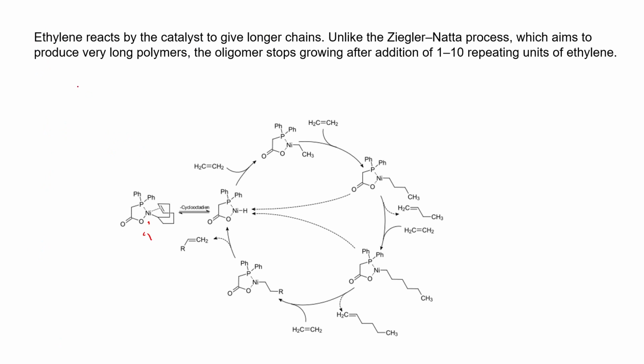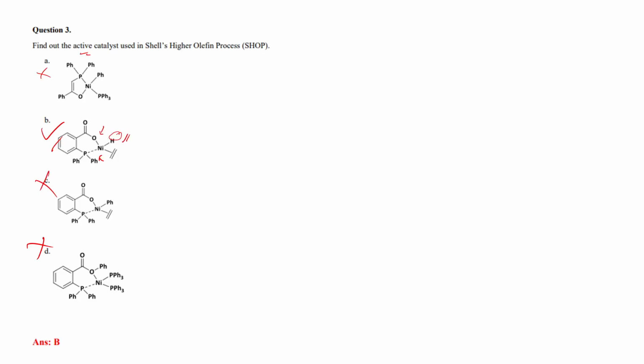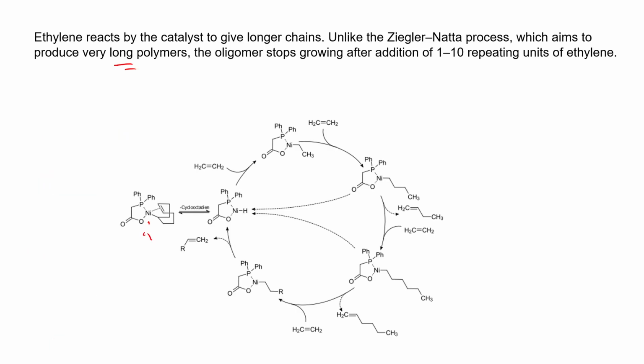So for this process SHOP, the ethylene reacts with the catalyst to give longer chains. Unlike the Ziegler-Natta process, which aims to produce very long polymers, the oligomers stop growing after 1 to 10 repeating units of ethylene. So after 1 to 10 ethylene units for this kind of catalyst or this SHOP process, that's the difference between the Ziegler-Natta process and this SHOP process.